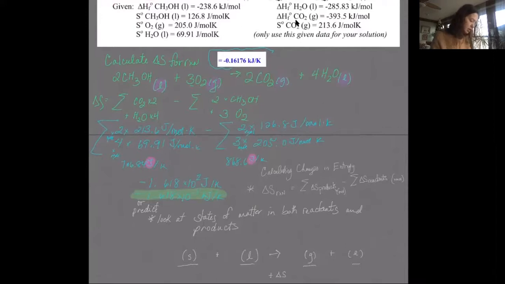So we do see that we've produced a little bit less gas than we started with. So I would think that we would gain a little bit in our order. We would have a negative delta S, right? We would gain order, lose entropy. That's negative. And in fact, what we see down here is a very slightly negative value. So that makes sense. You want to think about those things.